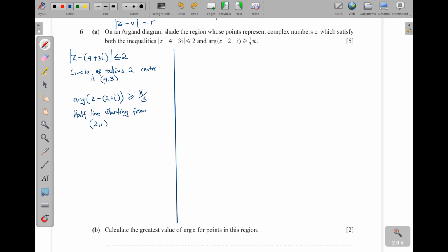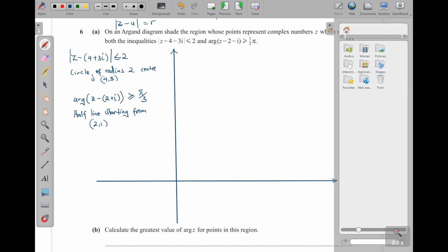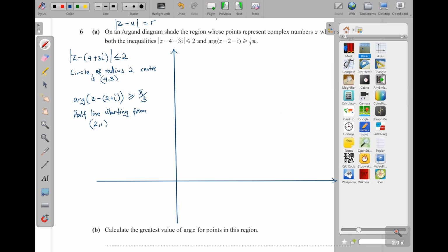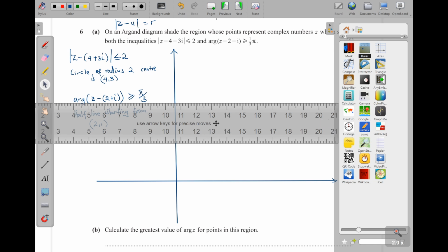Now I'm going to draw my axis here. Already one is drawn, so let me just add on another one here. Okay, when I add on another one there, that is what we are going to have. Then you can label those axes there. To produce a very perfect graph, get your ruler and then you measure everything.